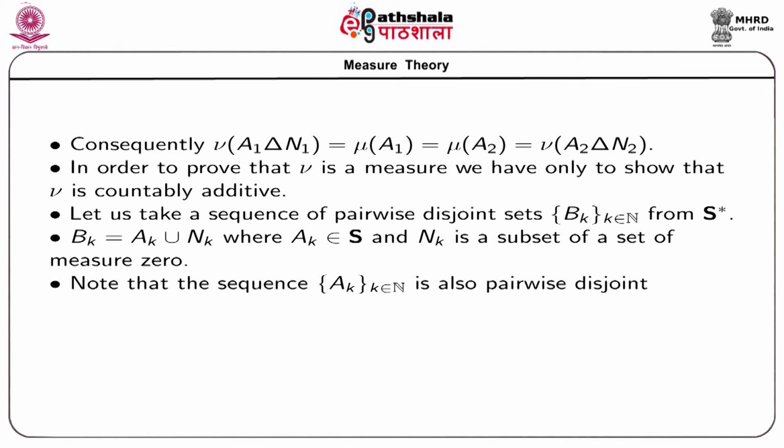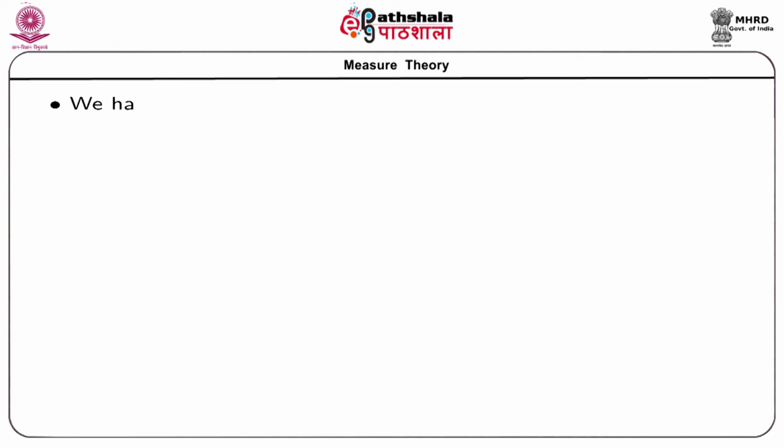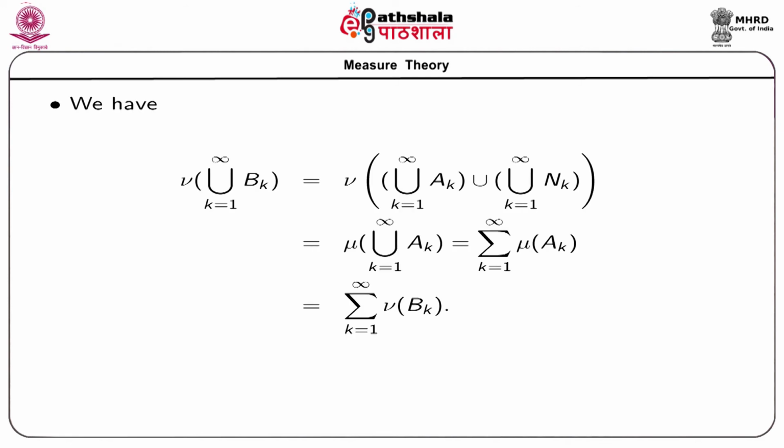Note that the sequence A k is also pairwise disjoint, and by countable additivity of mu, we get nu of union k equal to 1 to infinity B k. This is equal to nu of union k equal to 1 to infinity A k union union k equal to 1 to infinity N k, and this is equal to, by definition of nu, mu of union k equal to 1 to infinity A k.